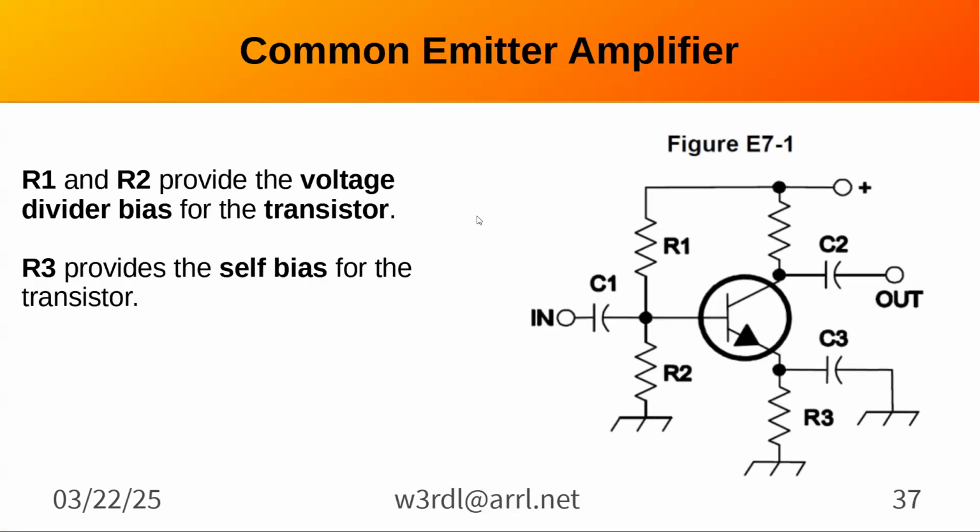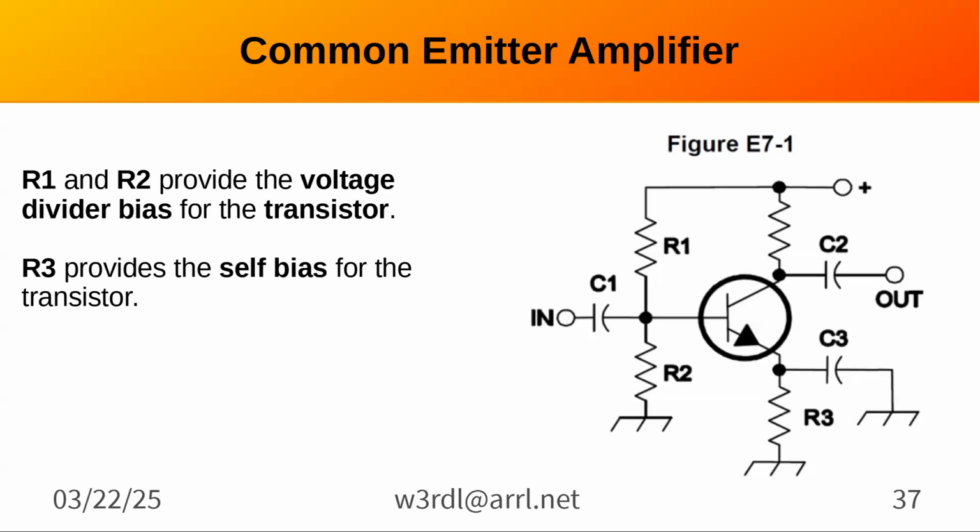Okay, common emitter amplifier. Most typical circuit. This is actually a practical circuit that would work. So in this case, we have a voltage divider network, R1 and R2, which is going to set the bias voltage for that transistor. So it's going to be that ratio plus whatever your supply voltage is up there on the plus input.